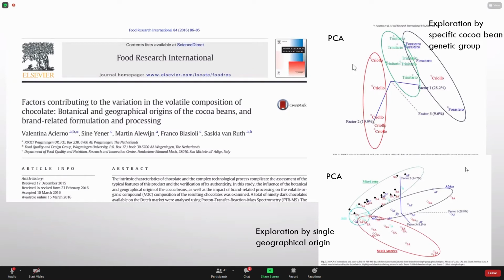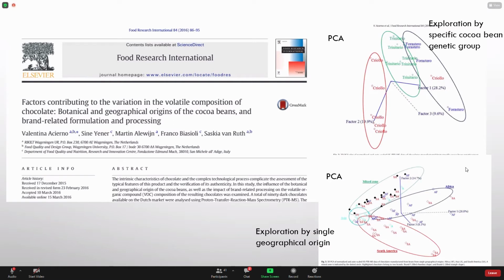First is a PCA in order to find if the separation of samples produced by the specific cocoa bean genetic group is possible, and we can see very acceptable, maybe Criollo in this case is absolutely separated from the other two kinds of samples, but between these samples, the separation is not so good, but maybe it could be improved.